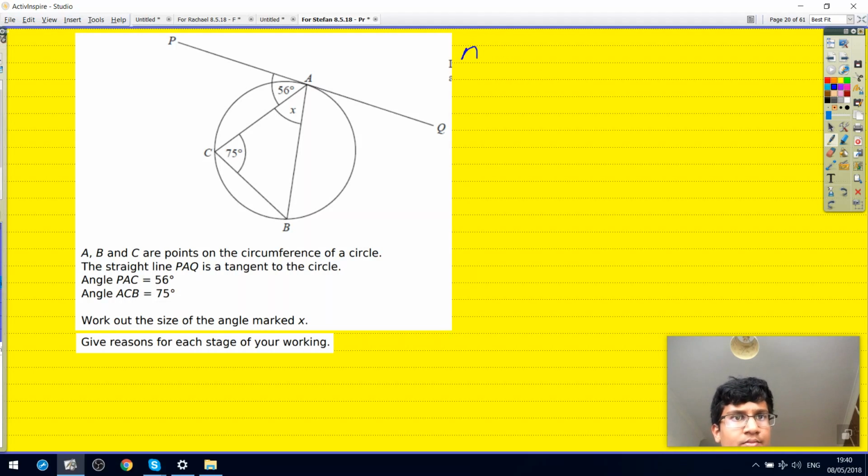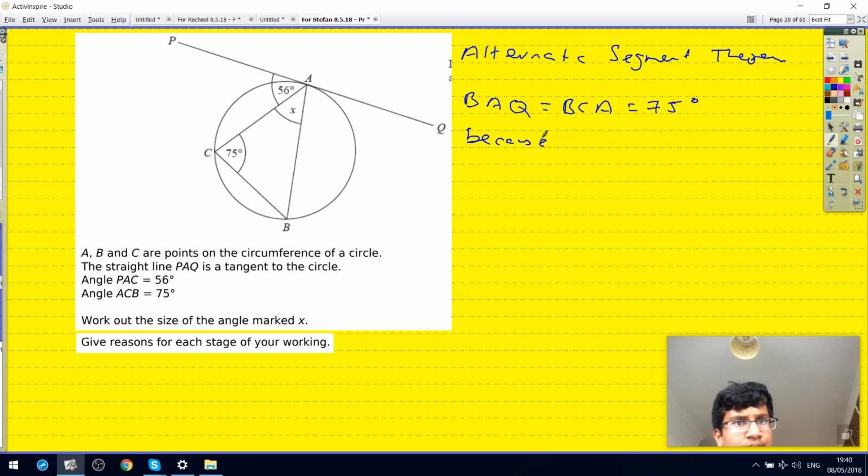So basically it's the alternate segment theorem. Okay. Basically, BAQ is equal to BCA, which is equal to 75 degrees, because of the alternate segment theorem. Okay, yeah, I think I remember that. So then that would be 75 degrees.